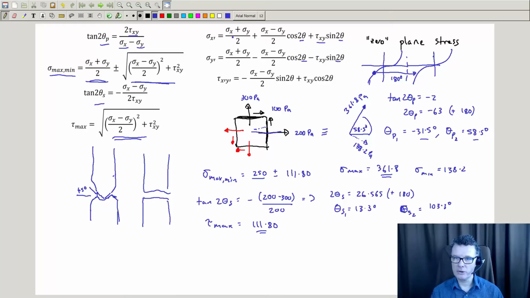This is 200 going in to here, and 300 going into here. And then whatever angle that you're looking at, let's say you're doing the experiment where you want to reorientate your stresses, say at a 45 degrees angle probably. You could then start putting in those values there to get what the stress is and what the shear stress is.